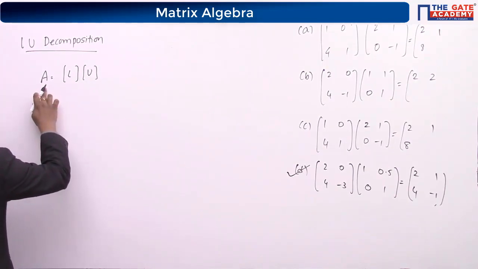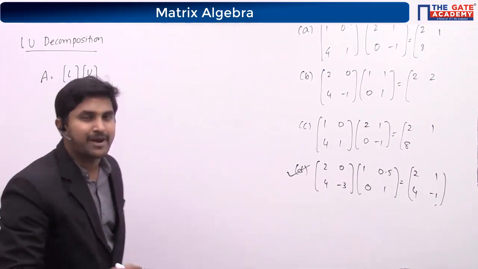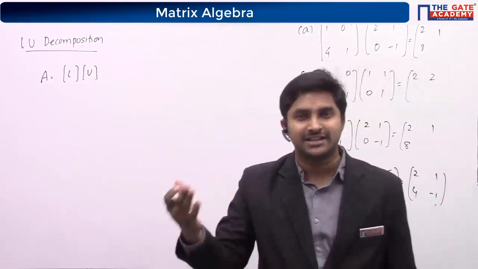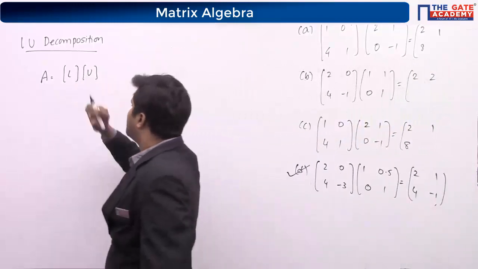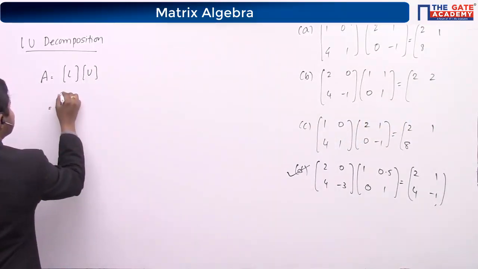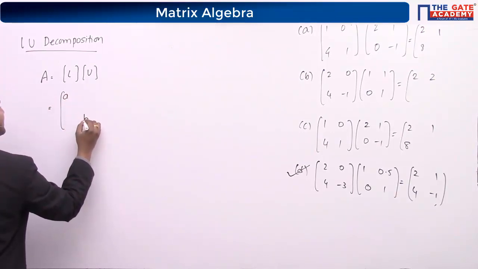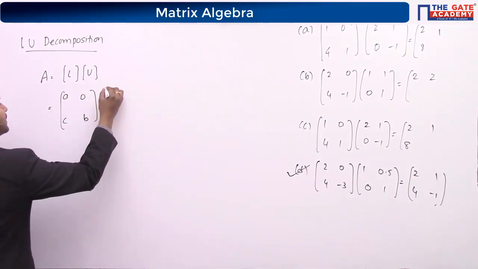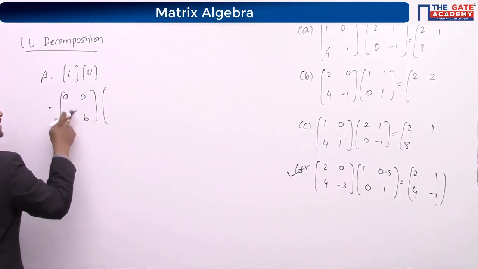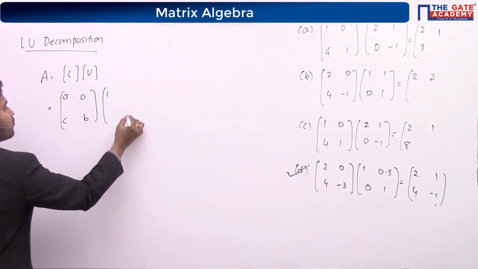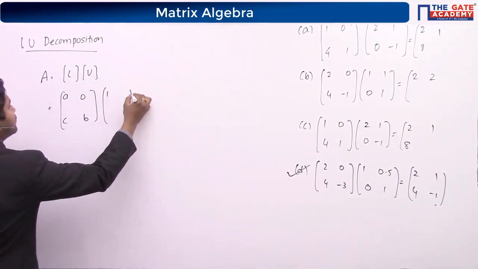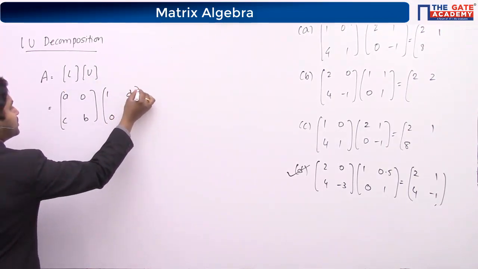So the conventional method is something like this, which will definitely take some time to solve. We can decompose the matrix A as the product of a lower triangular matrix and an upper triangular matrix, where the lower triangular matrix will be something like A, B, C, 0, and the upper triangular matrix, if I take A and B here, I will take 1, 1. Of course, because it is an upper triangular matrix, you will have a D here and the value is 0 here.